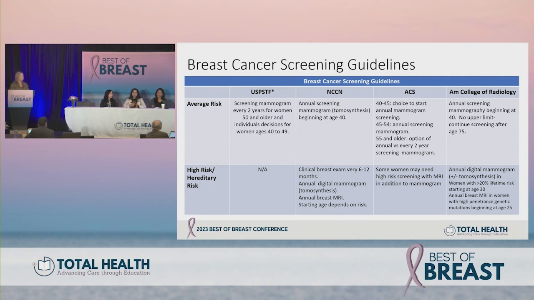There are definitely several guidelines, and it's based on which group is recommending it. We definitely like to use the NCCN and ACR guidelines. Society of Breast Imaging also supports that. I, and several other breast radiologists like me, recommend annual screening mammography starting at the age of 40, and I would like to continue in patients older than 75 too, as long as they have good quality of life.